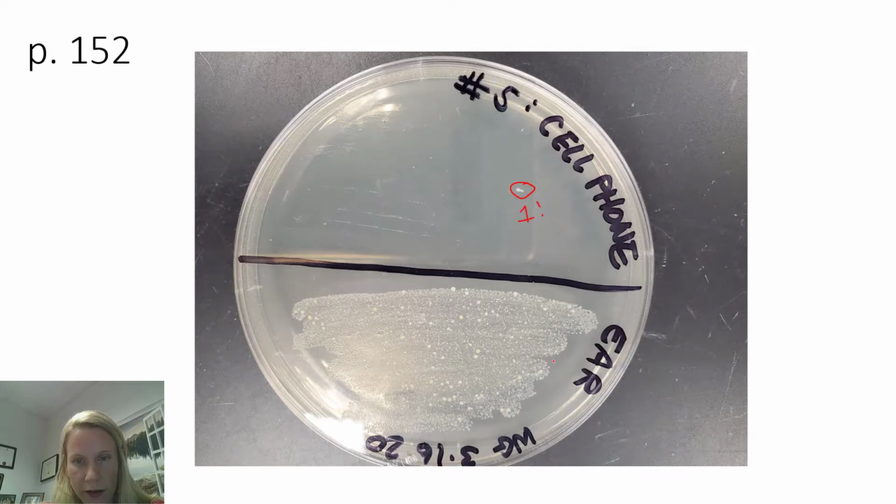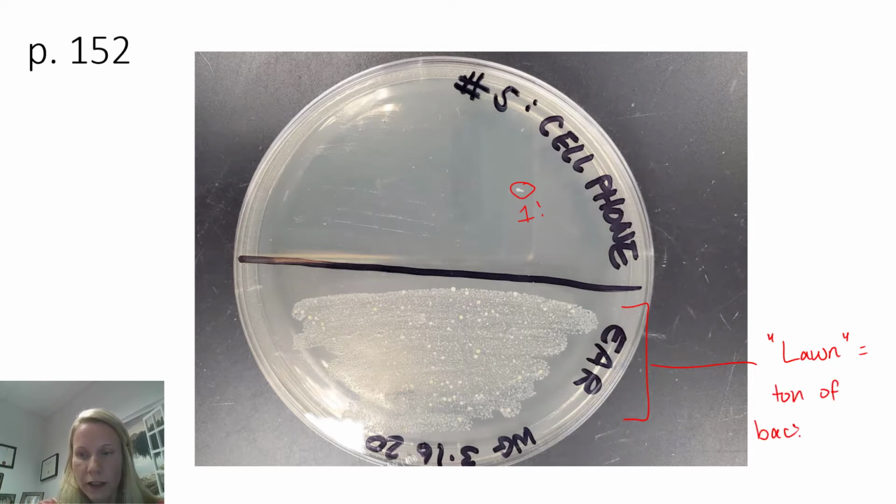We get quite a lot of colonies in there, and actually so much growth here that you can't really count too many of the individuals. So you can record this in your lab notebook. We use a word for this called lawn, and that just means there's a ton of bacteria. And I told you that's actually to be expected. It's not that my ear is particularly gross compared to anyone else's ear.